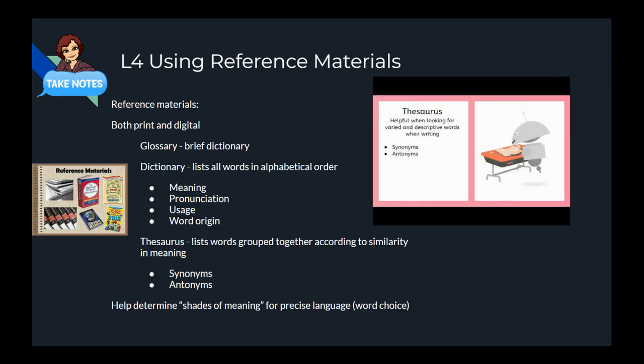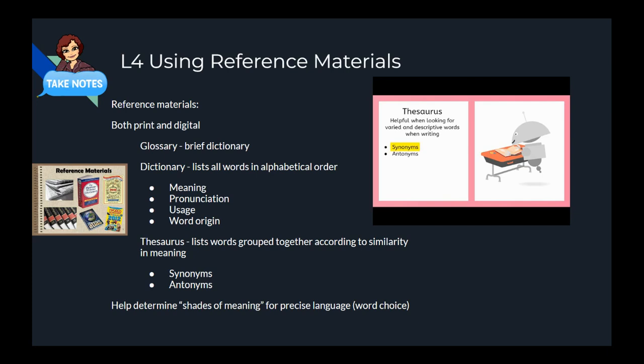A thesaurus has a layout similar to a dictionary. You can look words up in the same way. The difference is that a thesaurus doesn't give the definition of words. When you look up a word, it will give you the synonyms and antonyms of a word.